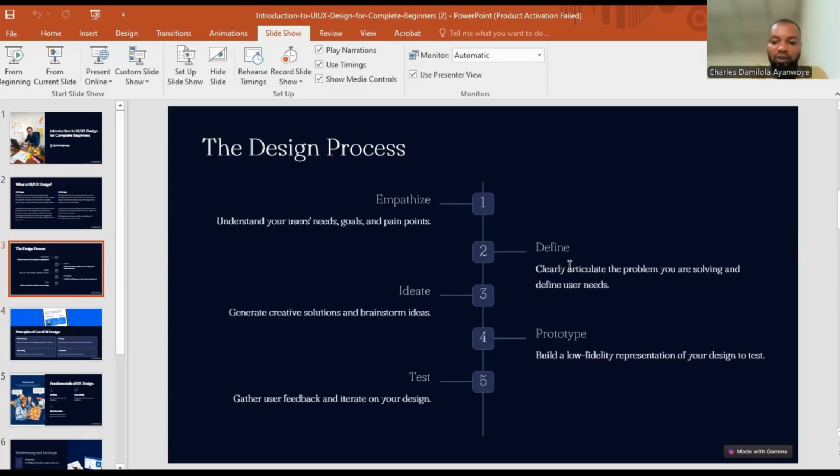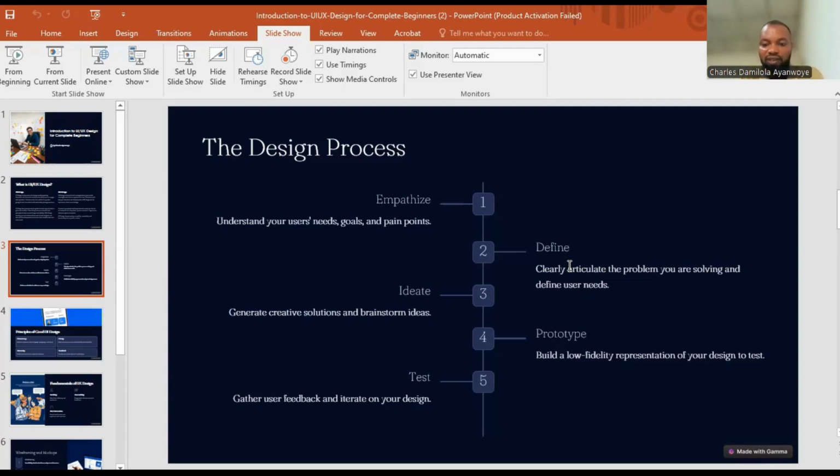So when you build a low fidelity representation of your design, you push it out there for testing. You can just gather a few people, maybe 4 or 5 people, real people here, not just something you come up with from your head. Do you understand? You gather user feedback and you iterate on the design. This is the beauty of prototyping and testing, when you are not even done with the final product.